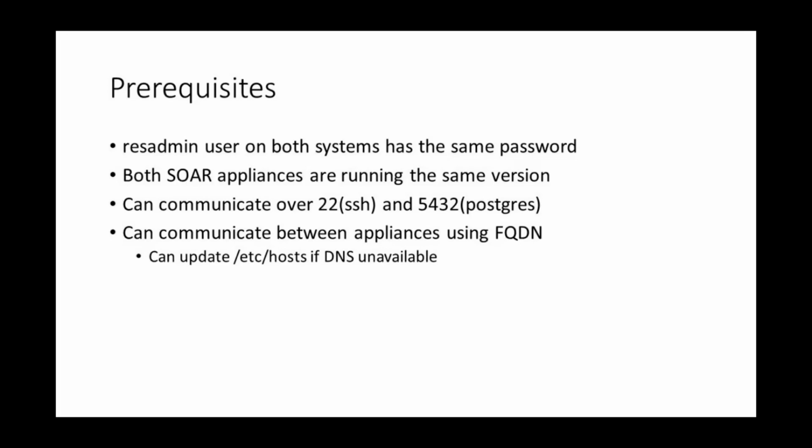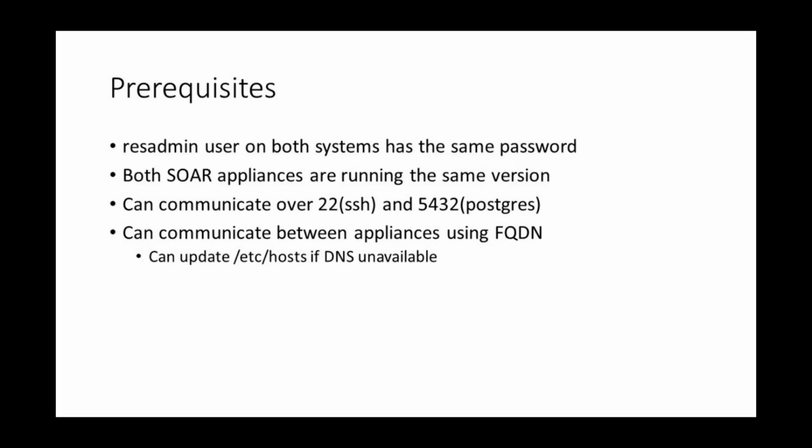Next, the two systems should be able to communicate with each other on port 22, and the primary system should be able to communicate with the disaster recovery system over port 5432, which is used by Postgres. And lastly, make sure both systems can resolve the fully qualified domain name of each appliance. And if not, then you can manually set the DNS information of the other system in the /etc/hosts file on the appliances.